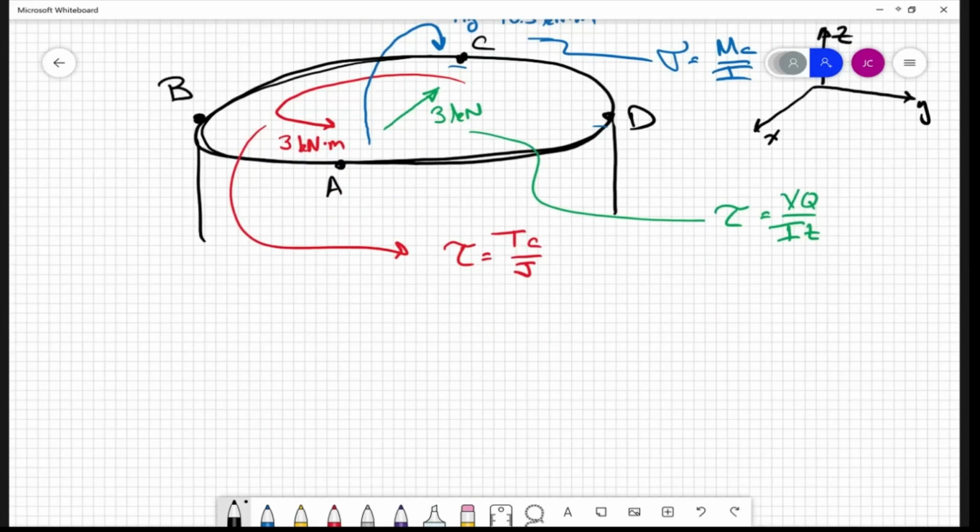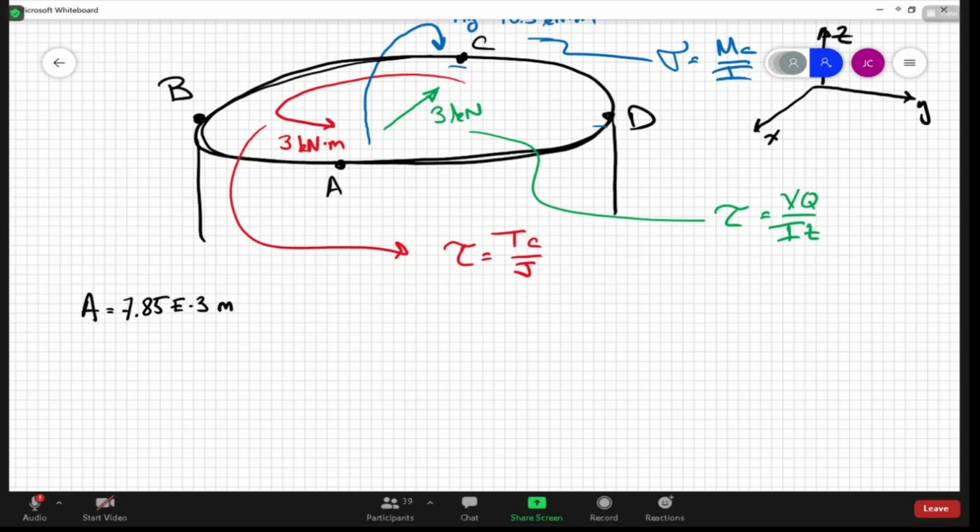The area of the cross section, with 0.1 meter diameter, is going to be 7.85 times 10 to the minus third meters squared.